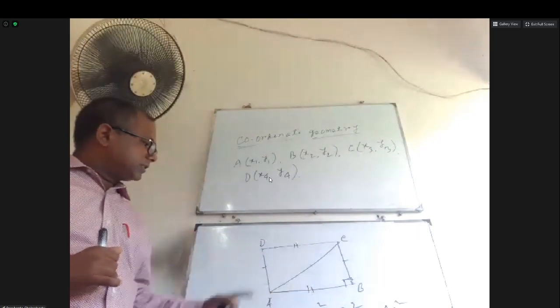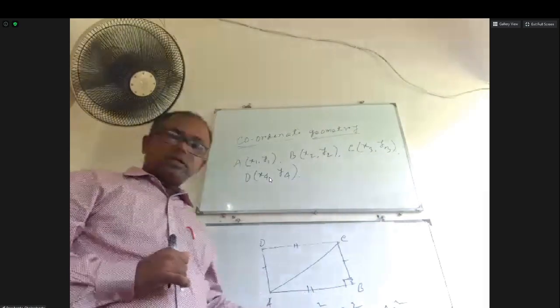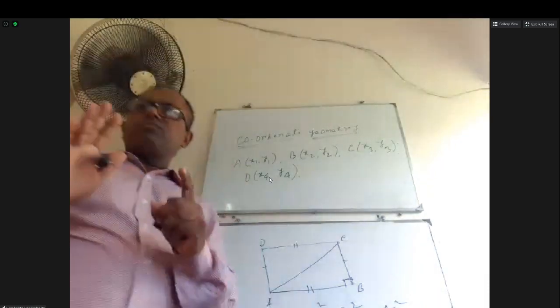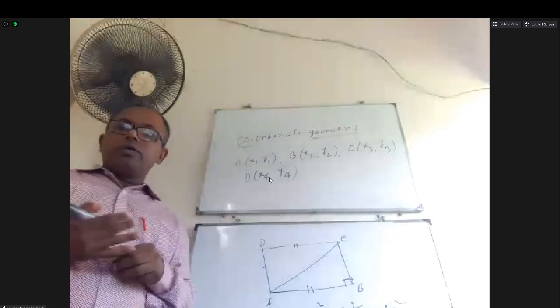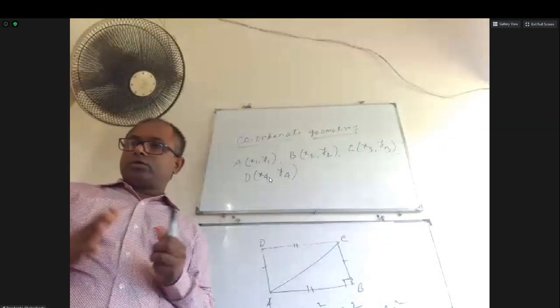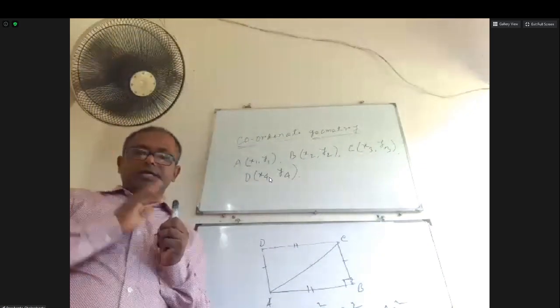So in this case, if opposite sides are equal and this Pythagoras theorem is satisfied, then the quadrilateral ABCD will be a rectangle. So I have discussed two ways to determine a rectangle.